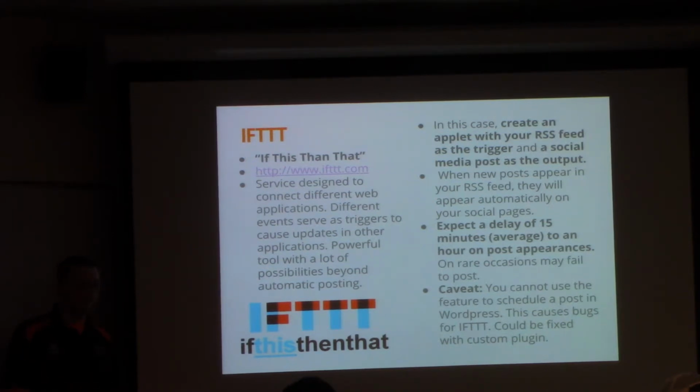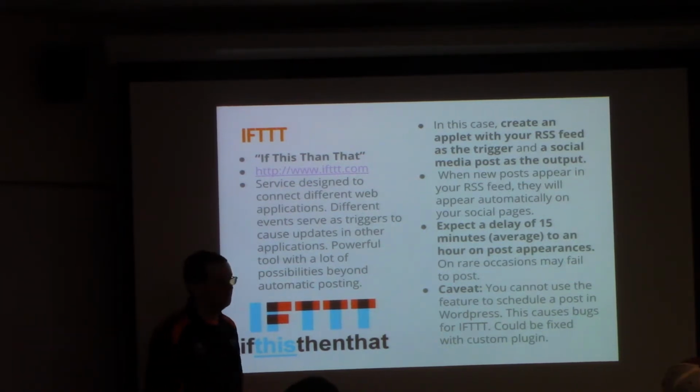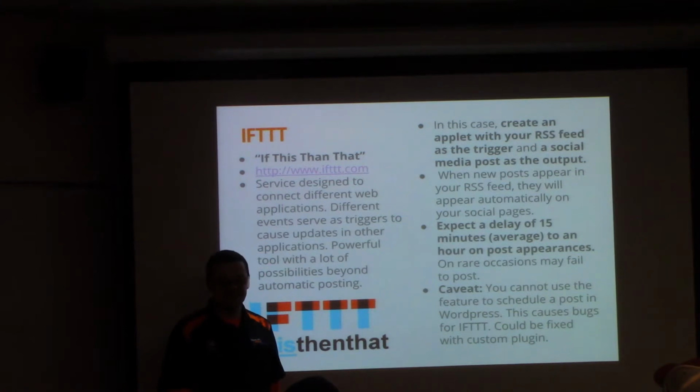You can automatically repost your Instagram photos on Twitter. There's dozens of them. It has applications in home automation if you want to get into it. They have a lot of weird but great possibilities. That's the kind of thing to look at on your own time, beyond the scope of social media. It has a lot of different applications.